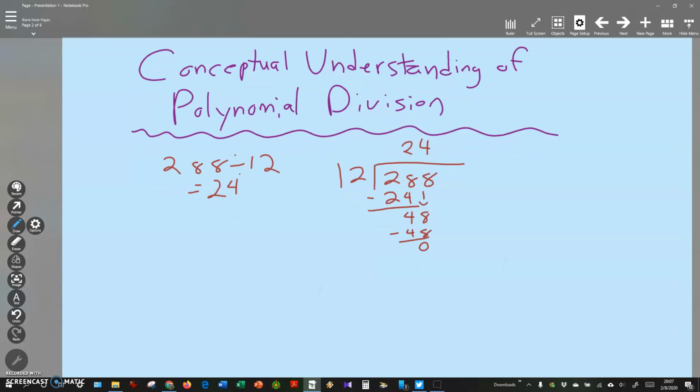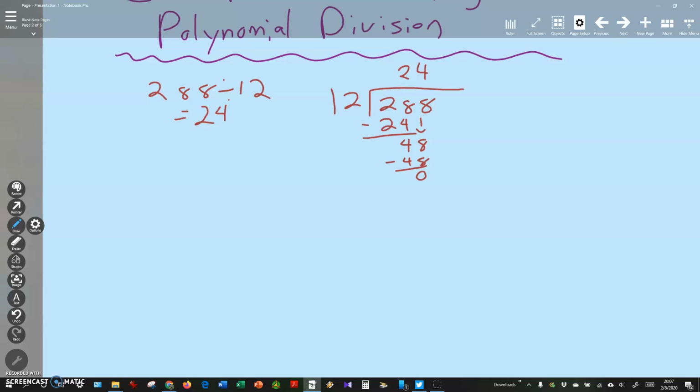Now we can look at this in a little bit different way. Like I was saying, 288 is a number that means 200 plus 8 tens plus 8 more ones. And I'm going to switch colors here, and we can actually rewrite this as 12 divided into 2 hundreds plus 8 tens plus 8 ones, like that.